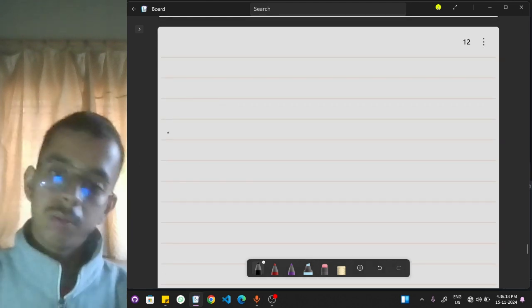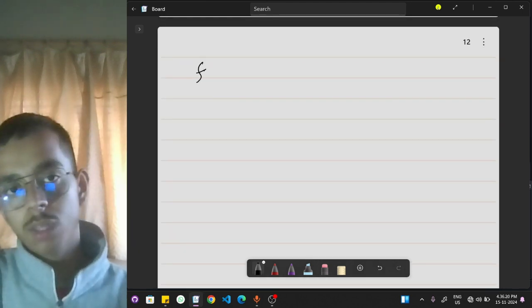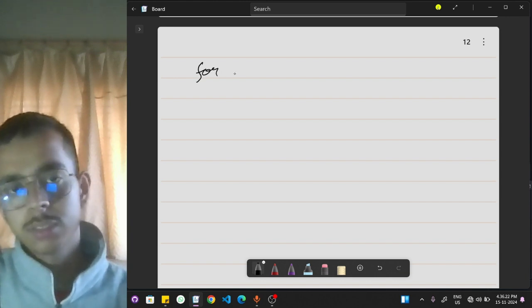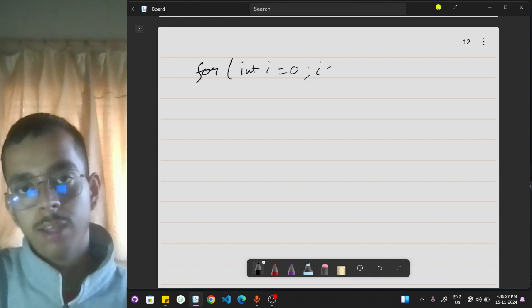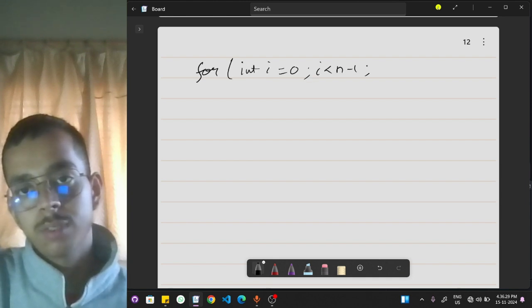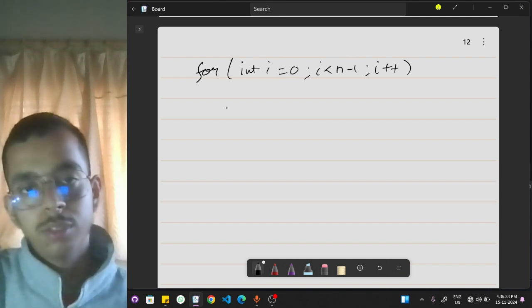So how do you write this algorithm? You can write it like this: for i equal to zero, i less than n minus one, i plus plus, i actually goes up to n minus two.